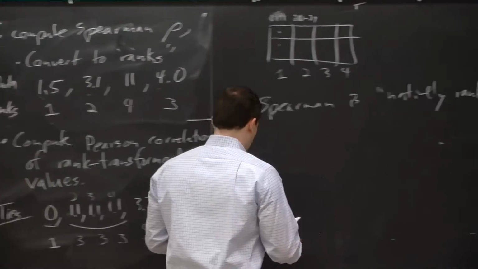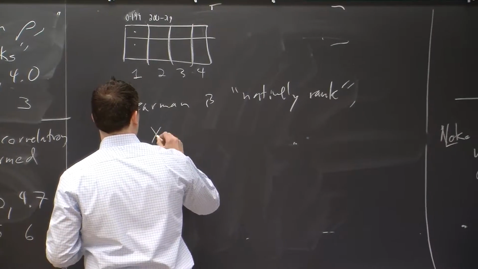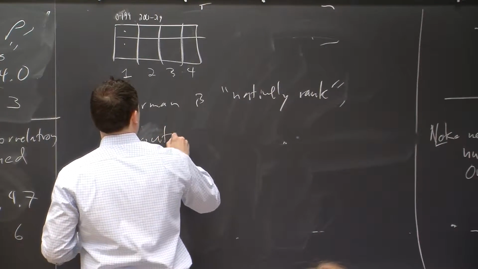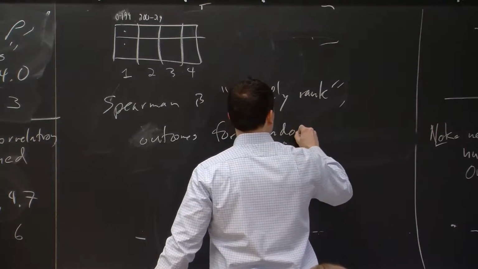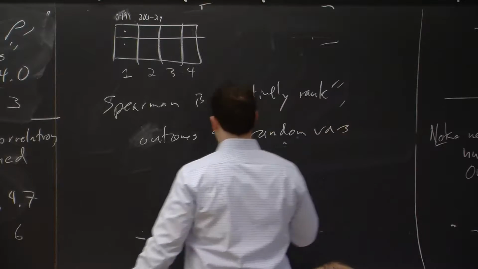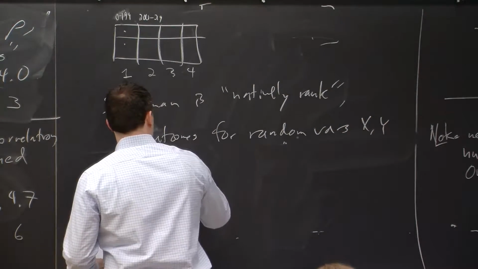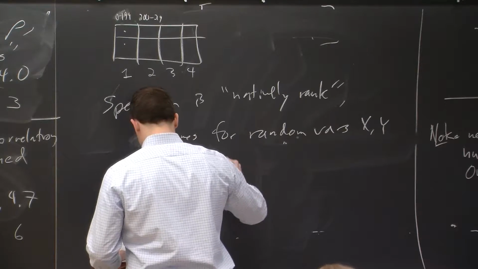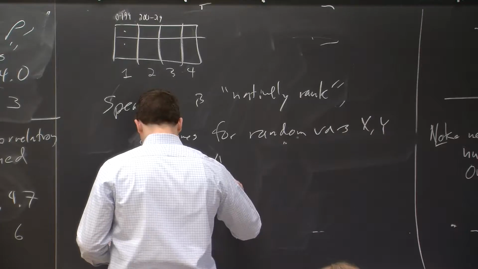So it has a simplified formula. If I think about outcomes, I have two random variables, and I have outcome xi and outcome yi. And I assign to them a rank xi and yi.